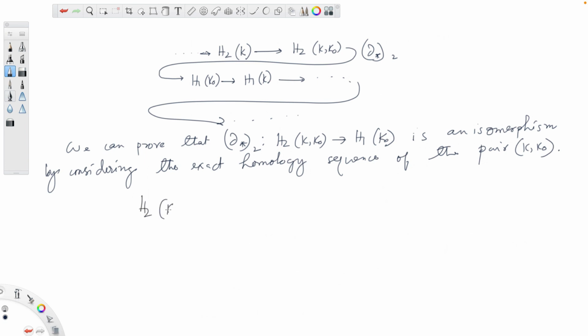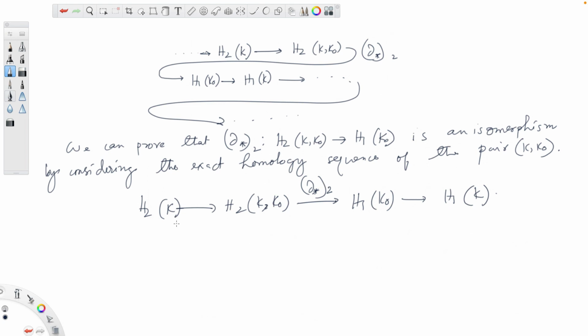H2 of K to H2 of K comma K0, then from H2 of K comma K0 to H1 of K0, and then from H1 of K0 to H1 of K, this part only. And this is del star of 2.